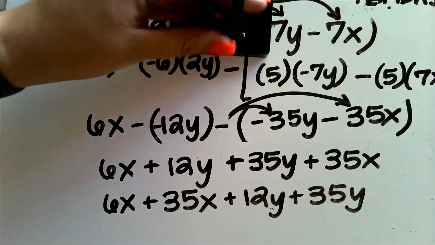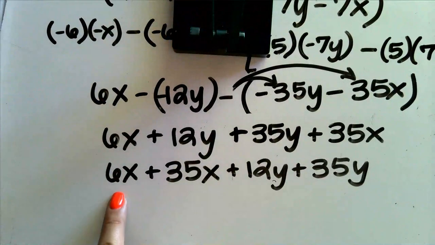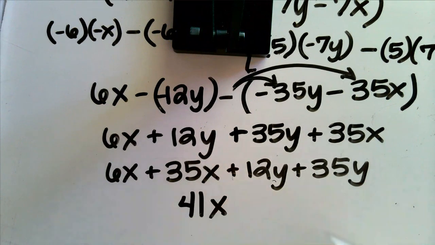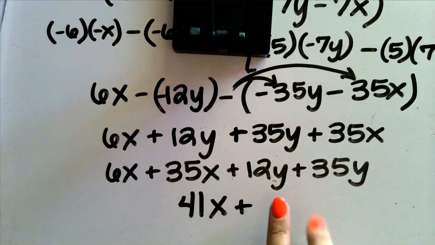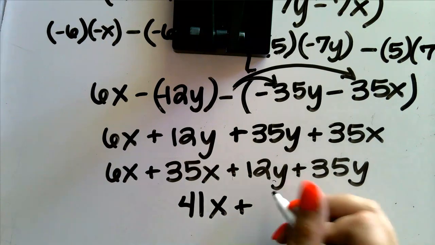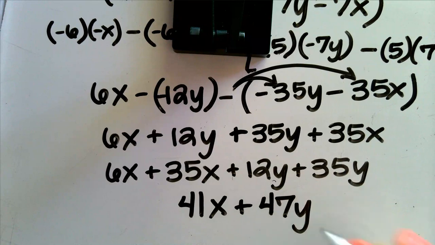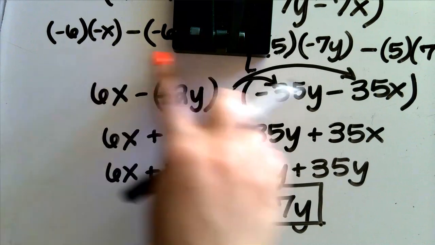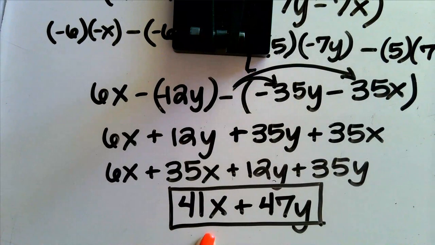We're going to go ahead and combine those like terms. 6x plus 35x is 41x, plus we're going to combine again those like terms. 12 plus 35 is 47y. This is our final answer. We turned that huge doozy of an original problem into a simple 41x plus 47y. Great job, everybody. Talk to you later.